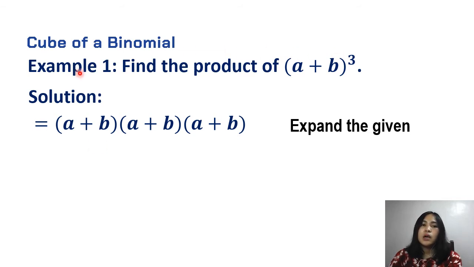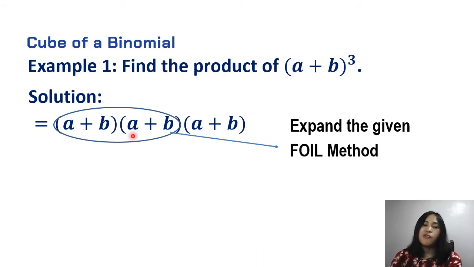So, since ang atong given is in the form of cube, a plus b cubed, if we're going to expand that one, we have a plus b multiplied by a plus b multiplied by a plus b. Now we have to solve the first two binomials by FOIL method.